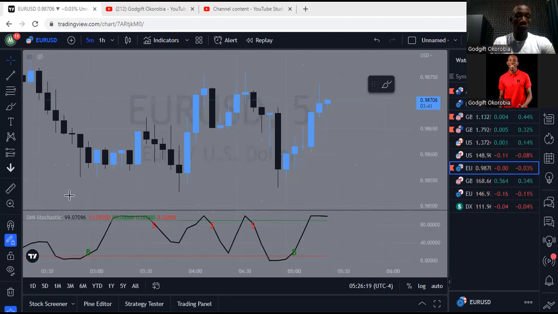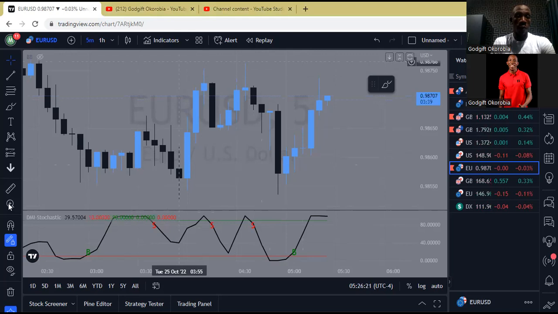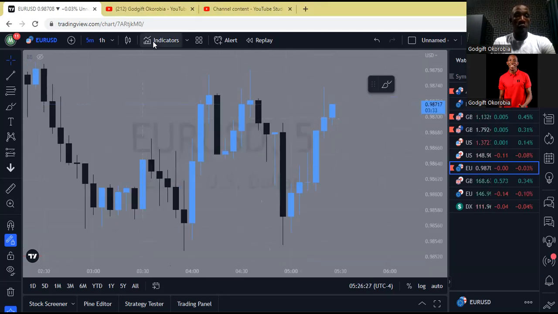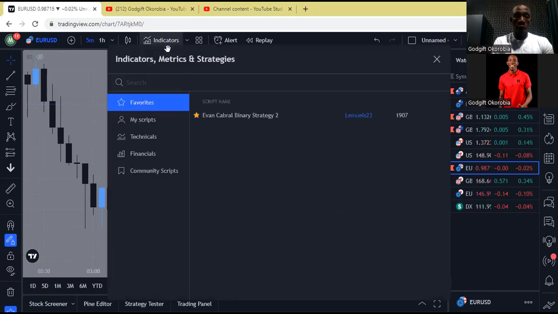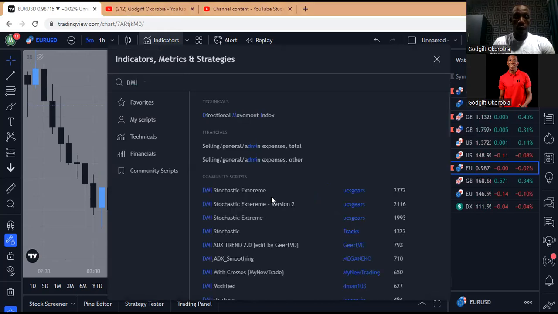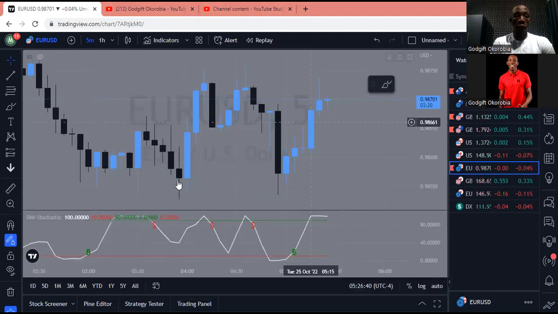My indicator right here is the DMI stochastic extreme. How do you add this? Let me take this out, come to indicators right here, and just type DMI. It's this one right here, DMI stochastic extreme. We click on it, it's added. I use it as default.